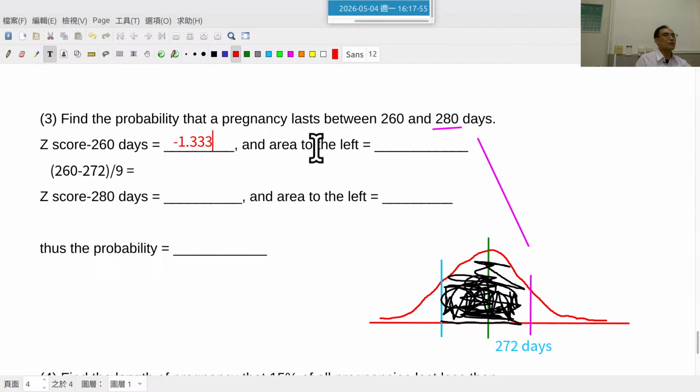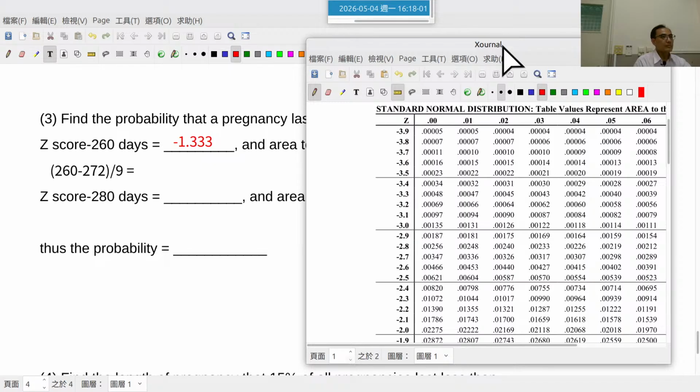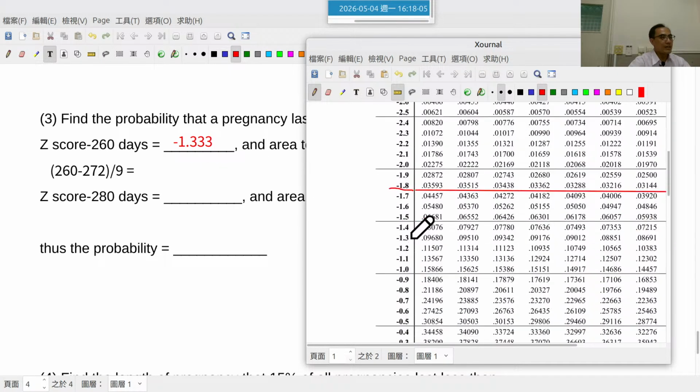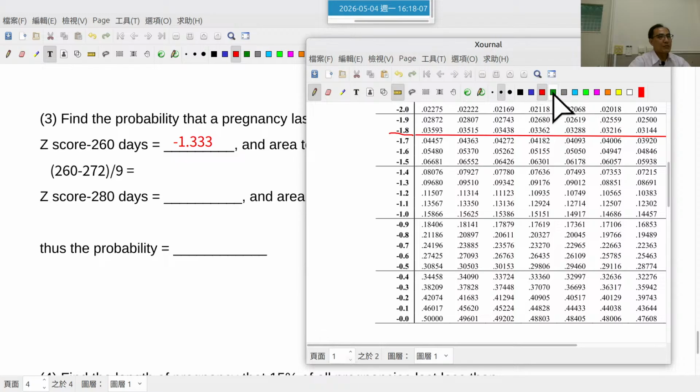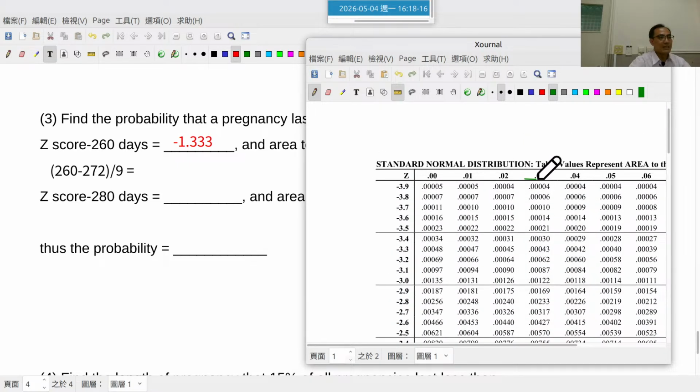How about the area to the left? Let's check the table. Minus 1.3, I use the green one, minus 1.3 here, and second decimal, 3 here.